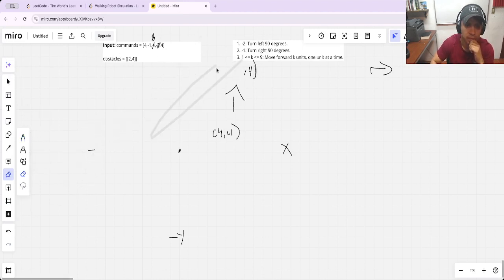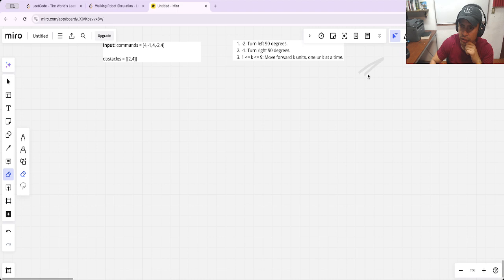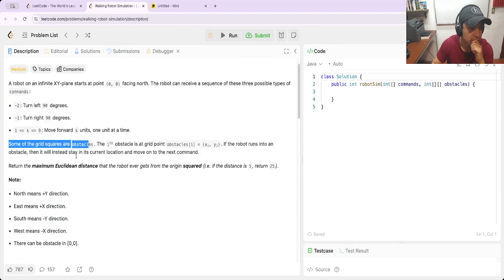Okay, but this exercise helps me understand more how this works. Now with the obstacles, if the robot runs into an obstacle, then it will instead stay in the current location and move on to the next command.